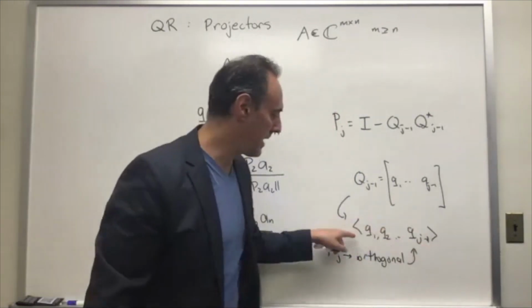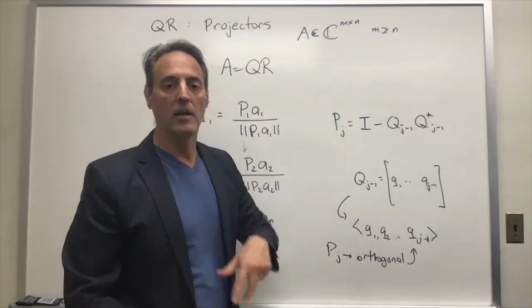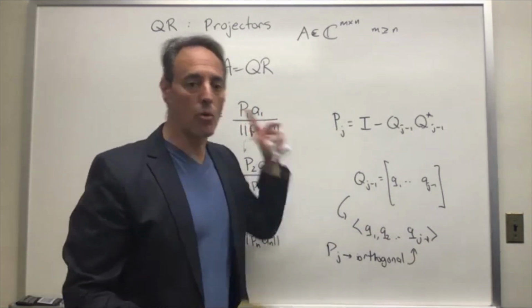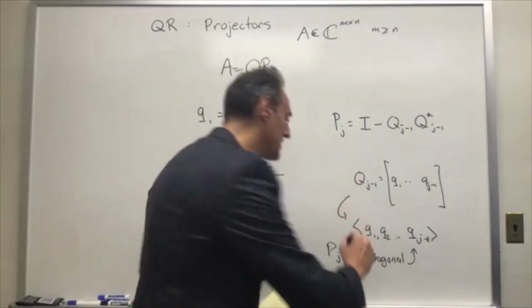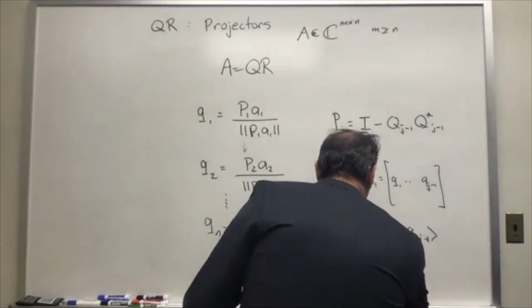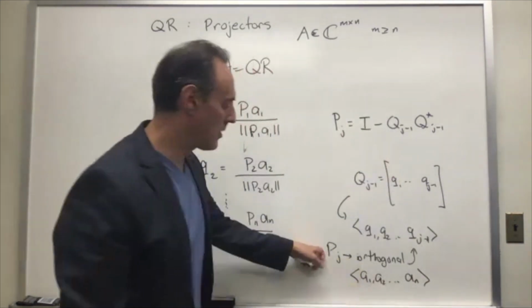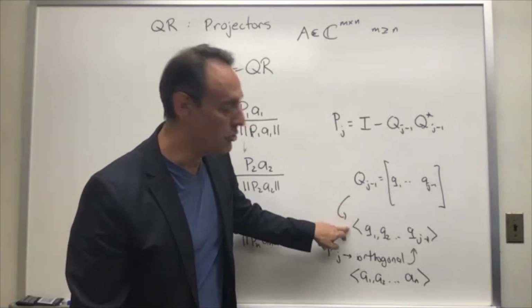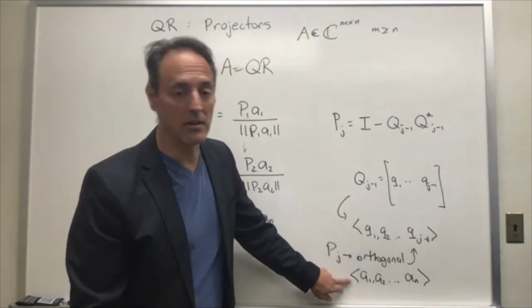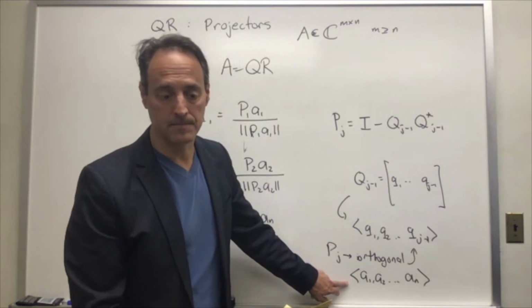So whatever this subspace is, P of j is basically computing a projection that's orthogonal to it, but that still lives in the space A1, A2, all the way through A of n. So in other words, I'm going to compute this projector that is orthogonal to what I had before, but still lives in my range of the A matrices or the A vectors. Okay?